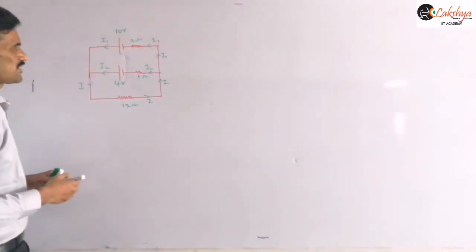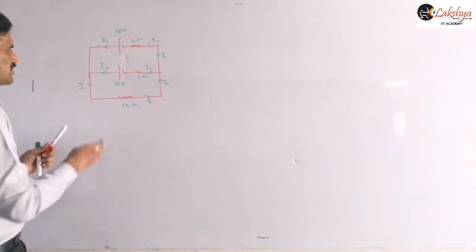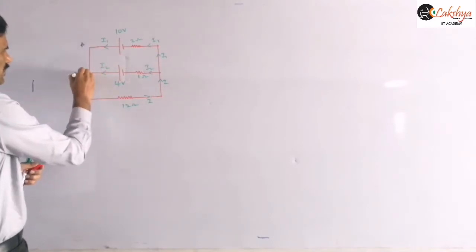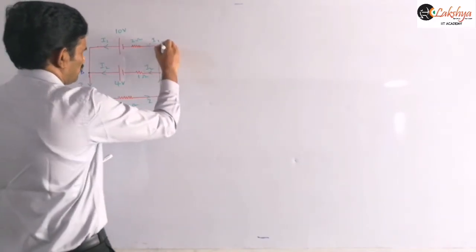Now let us apply the Kirchhoff junction law here. Suppose this is one junction I am taking here. Let us name this circuit. I am taking some names A, B, C, D, and this is E, F, right?